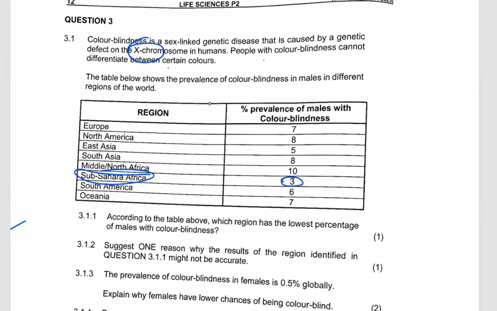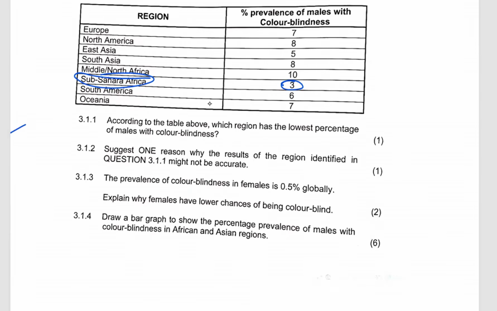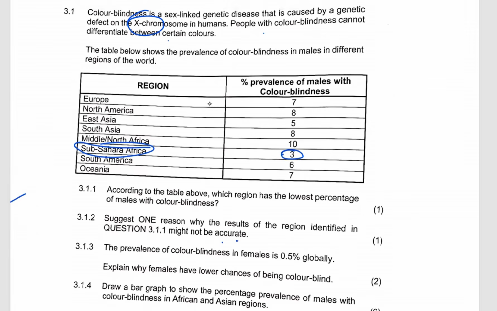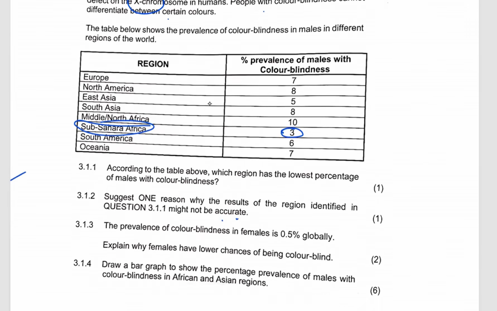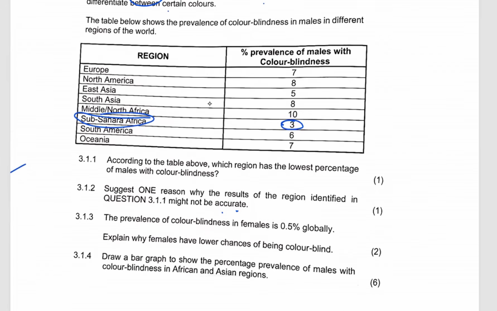This is just a question which is an application. It can be changed. It's easy to answer. Suggest one reason why the results in the region identified in the question might not be correct. Why do you think? Maybe there are no proper facilities used to test.